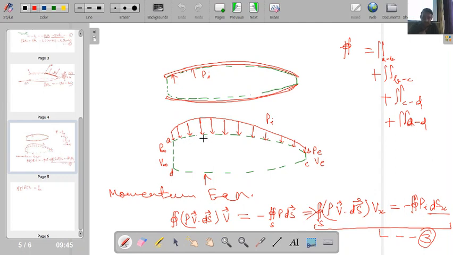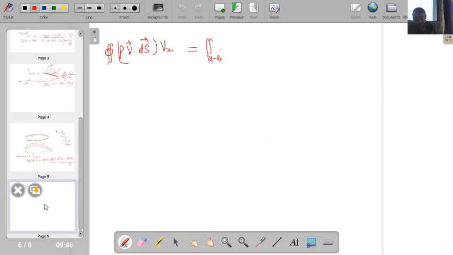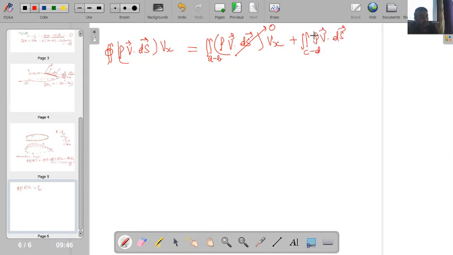Similarly, for the C to D boundary I will not have any momentum transfer either. So the integral of rho v vector dot ds vector times vx will be 0, and the one more integral term from C to D will also be 0. So these two quantities will be 0.